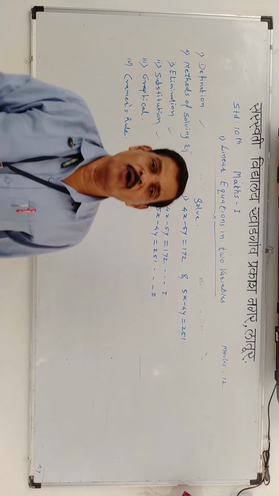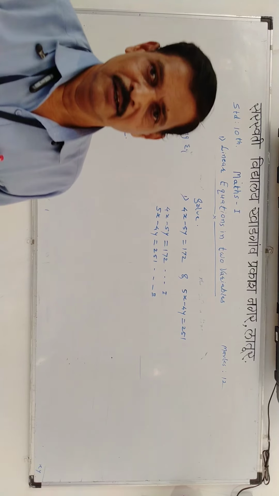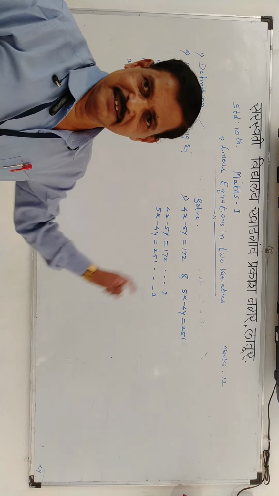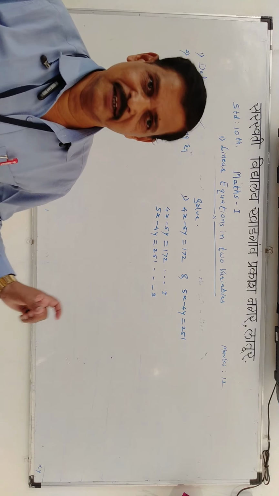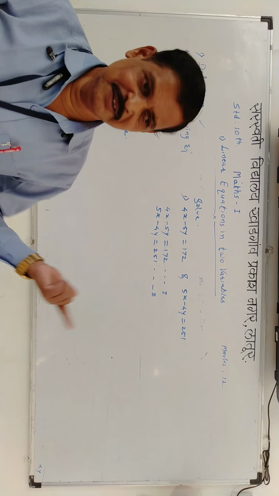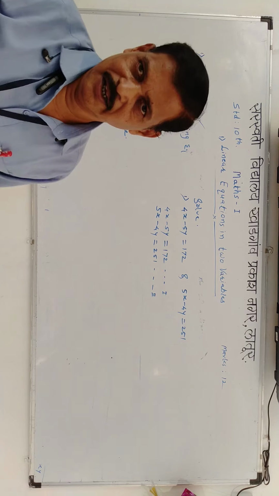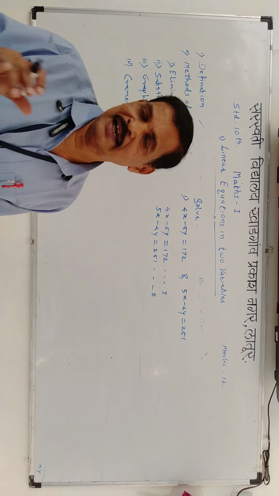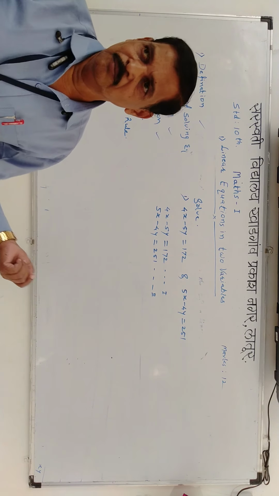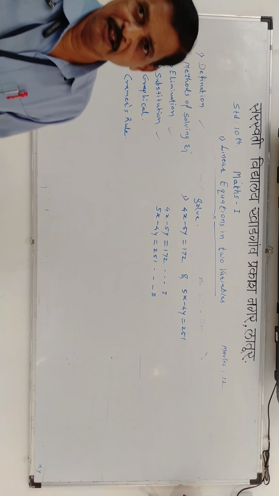Eliminate x or y. When we have to eliminate x or y, you have already studied in 9th standard. Make the same coefficient, and after that subtract or add them to eliminate x or y. We get a one-variable equation. After solving that one-variable equation, we get one value. Putting that value, we get the value of the other variable.